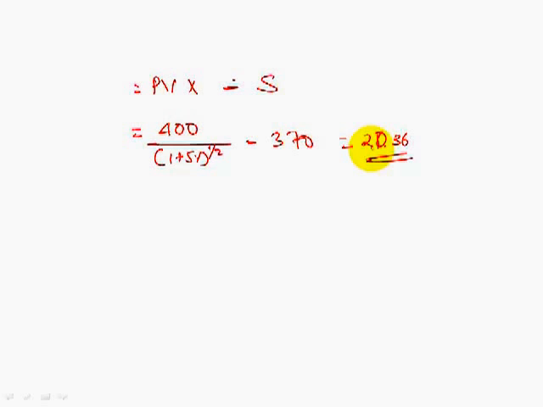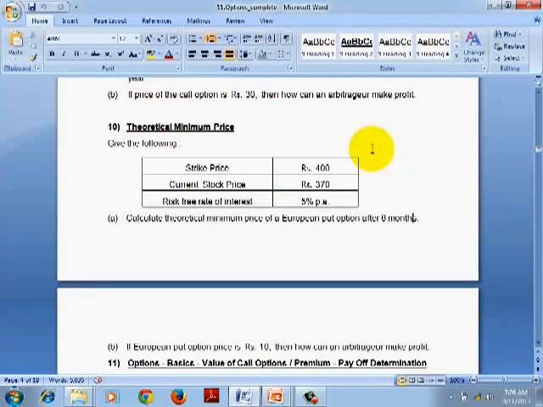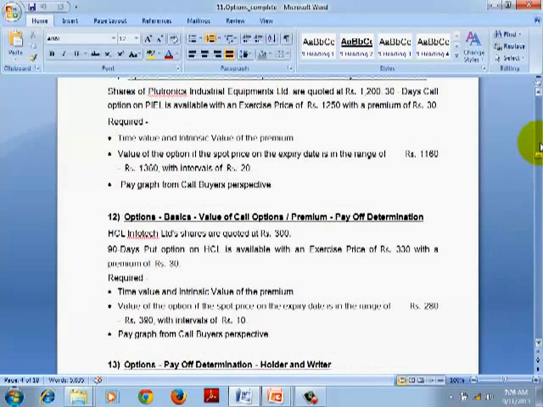Okay, part A was easy. Let's go to part B.